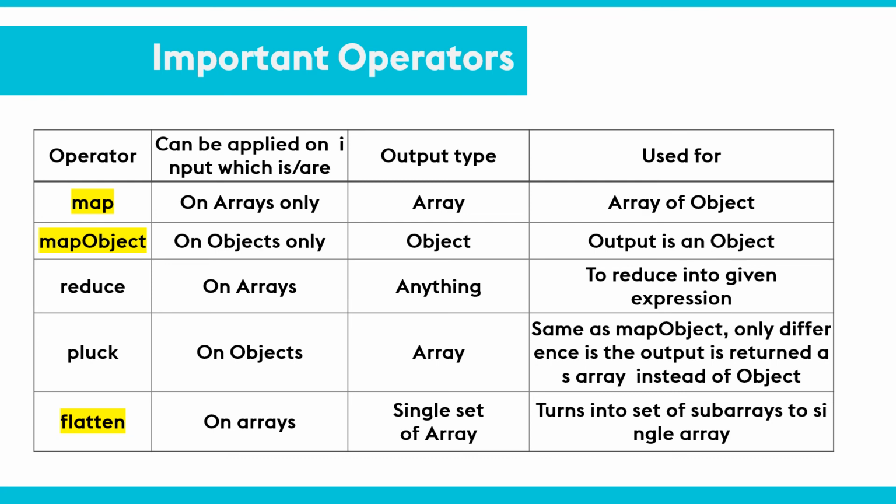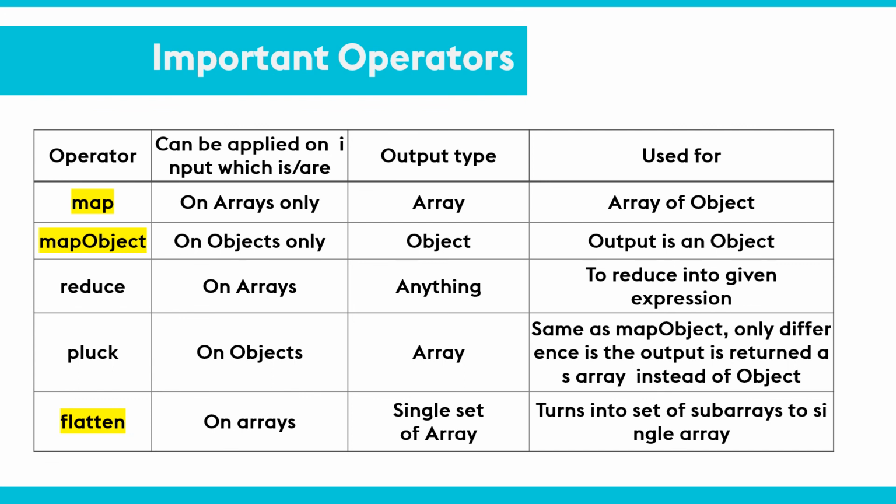So reduce is applied on arrays and you can reduce the array list to anything, to reduce it into a given expression. And pluck is used on objects. It is exactly the same as map object. It is used to access objects, but if you want your output as an array, in that case instead of using map object you will have to use pluck because your output needs to be an array.